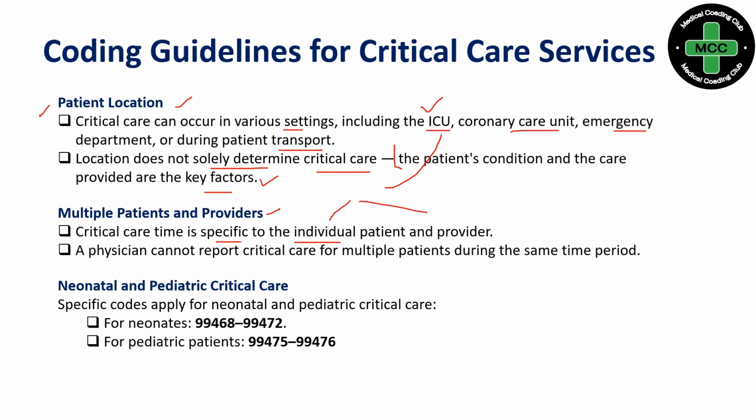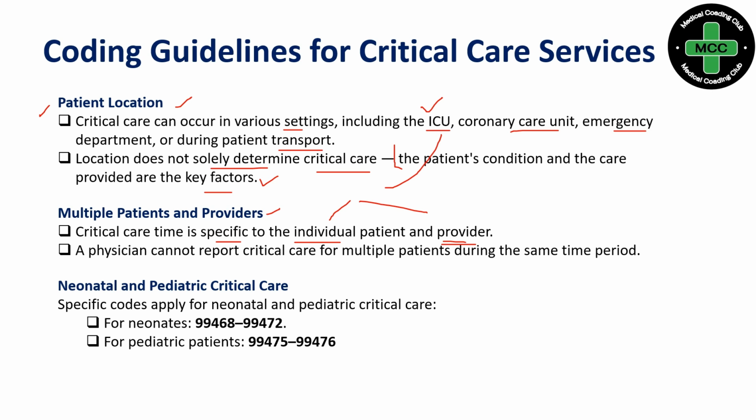This individual provider should specify his time to the individual patient. If in the middle the provider goes and sees some other patient and spends half an hour with that patient, then you cannot consider that additional half an hour; it is for the other patient. So whenever we are calculating total time, it should be for the individual patient and provider.